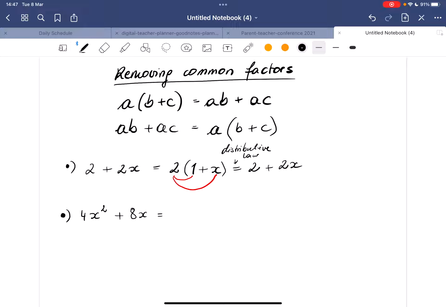And we're now going to again try to see what these two have in common. We're actually looking for the highest common factor of 4x squared and 8x.